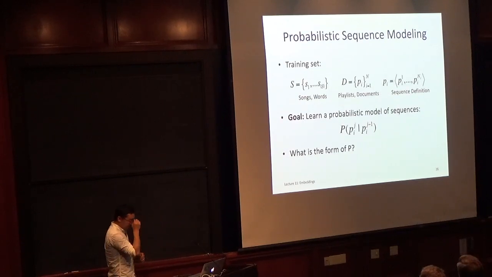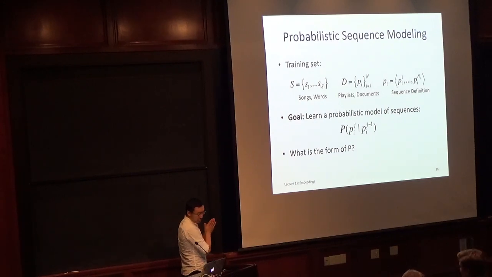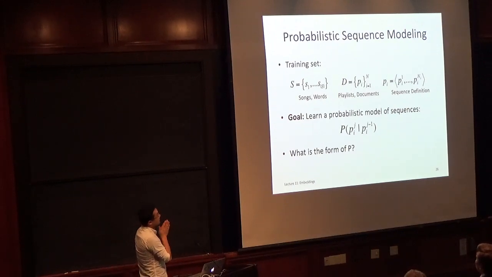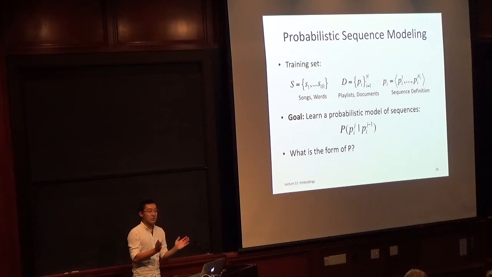Okay, so here's how you might think about setting up the training problem. We have a training set. Let's see, how is this set up? S is the ground set, the set of elements. That's how I'm writing this notation. We're going to consider the case where we have no features. We just have the song ID or the word ID. So S is just the set of unique songs or the set of unique words that we're modeling.